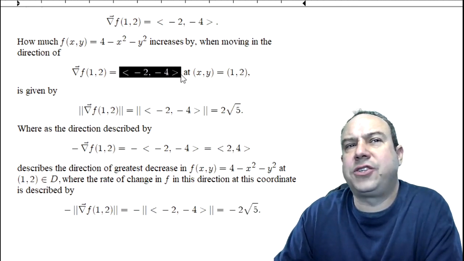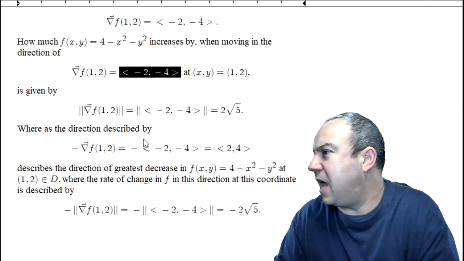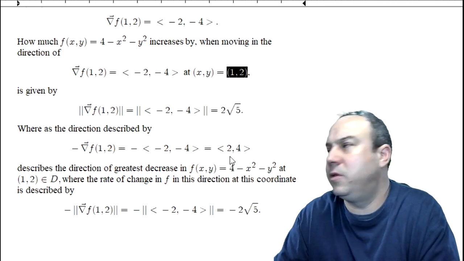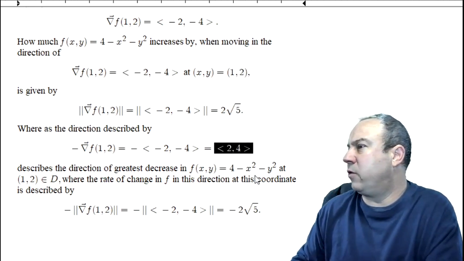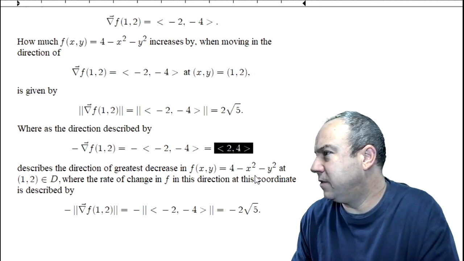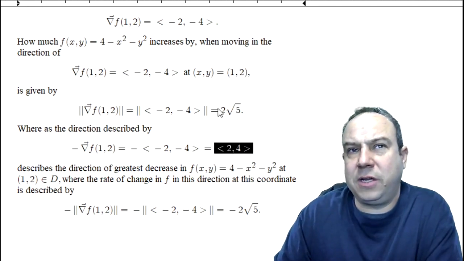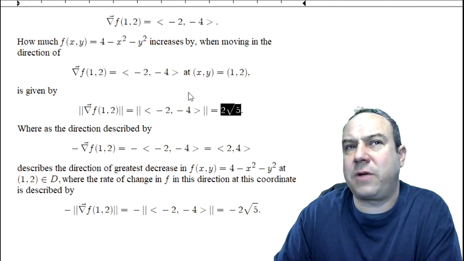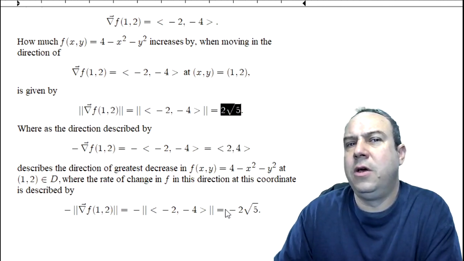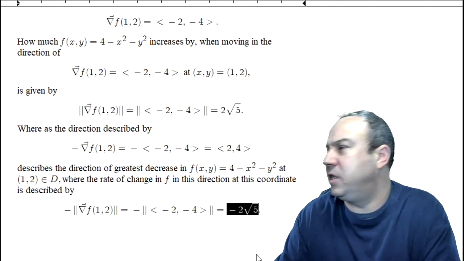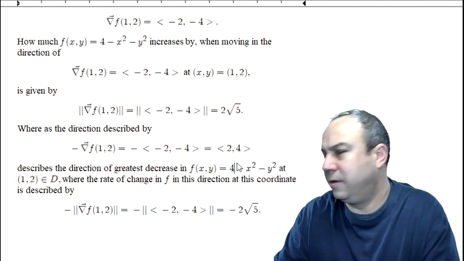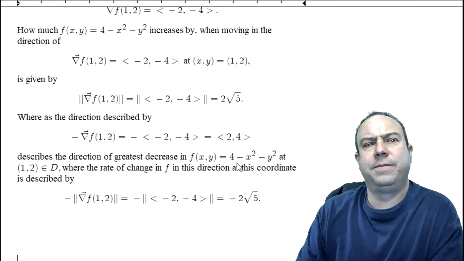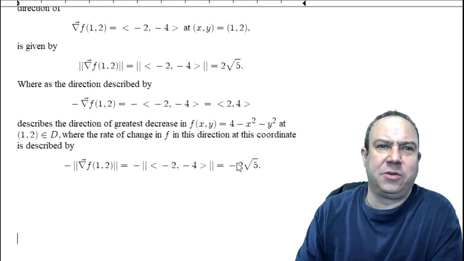If this is the direction of greatest increase on that surface at the location 1, 2 in the domain, then the opposite of that direction would be the direction of greatest decrease on that surface. How much we're increasing by, or what is the rate of change in this direction? Well, it's 2 root 5. What is the rate of change in this direction? It's negative 2 root 5. Opposites of each other. Where now we have the visualization.